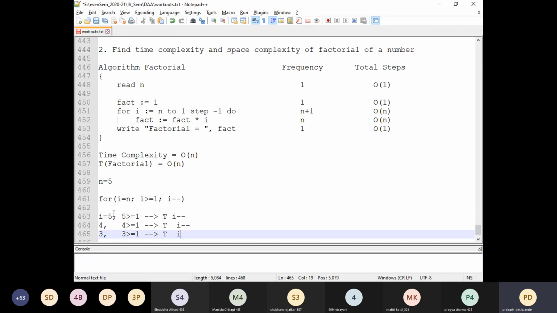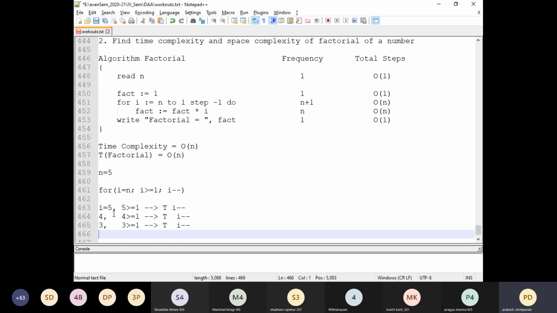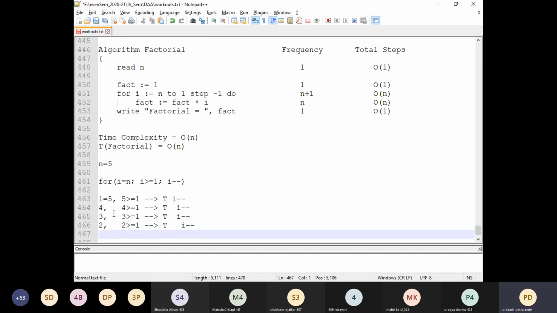That means again I minus minus will happen. Then I becomes 2. 2 greater than or equal to 1. The condition is true, it will execute its statements. Then again I minus minus will be performed. Then I becomes 1. Then 1 greater than or equal to 1.